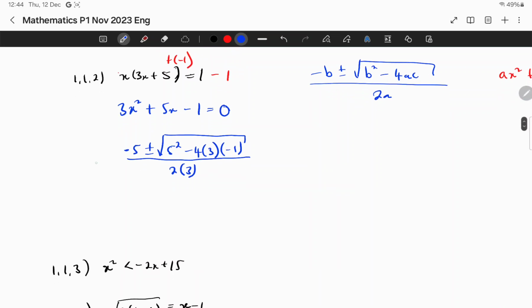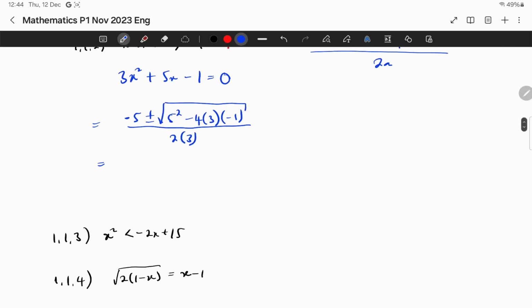Now you want to simplify this, just some grade 1 algebra. Negative 5 plus or minus root of 25 plus 12, that's 37, all over 6.